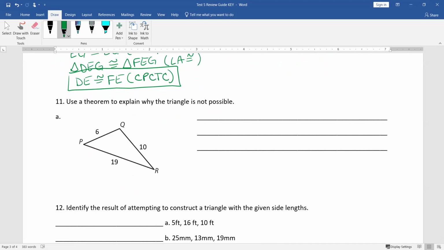So stay with me on this one, all right? This is that section 5.5. The triangle inequality theorem says that the sum of two sides has to be greater than the length of the third side. So when you look at this, you're looking at your side lengths. They didn't give us any angles, so we're just looking at sides. The triangle inequality theorem tells us this cannot be possible, because 19 is not less than 6 plus 10.